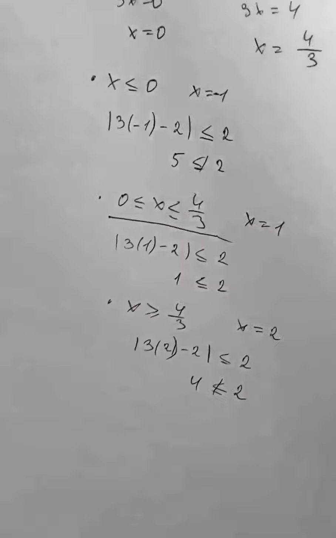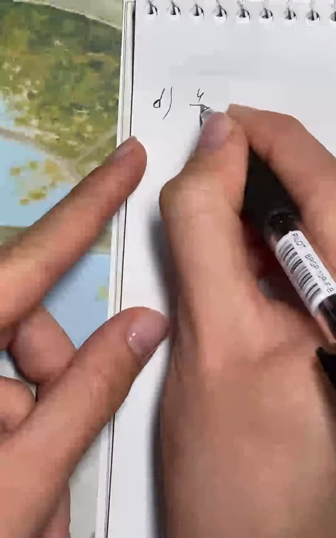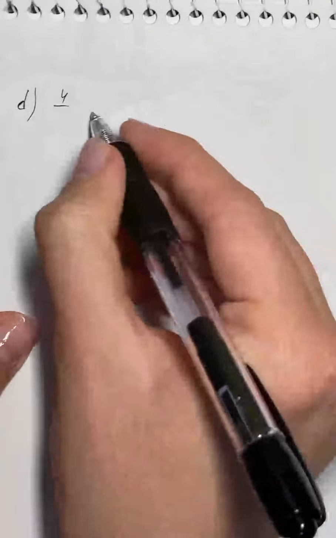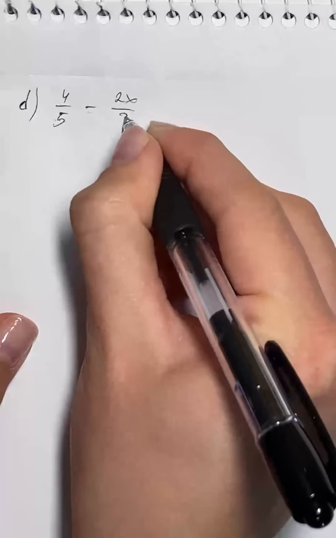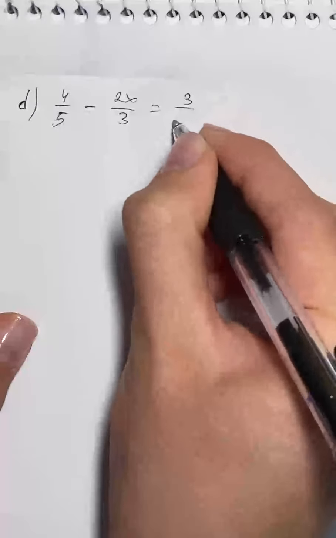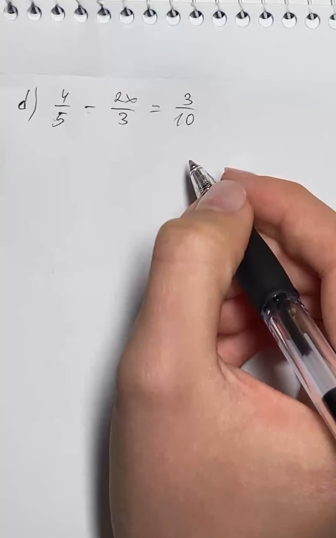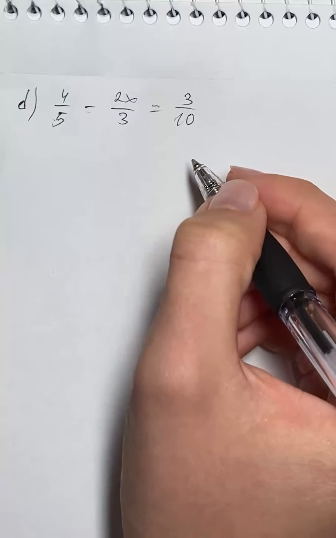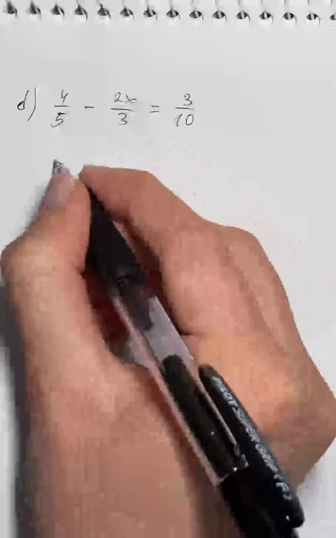The next is equation 4/5 minus 2x over 3 equals 3/10. So we multiply both sides by the least common denominator, which is 30.